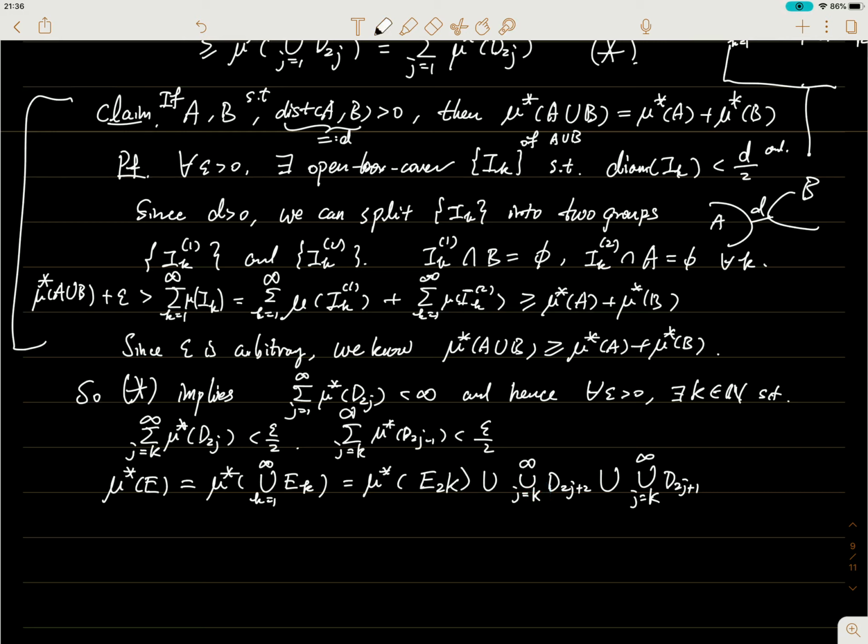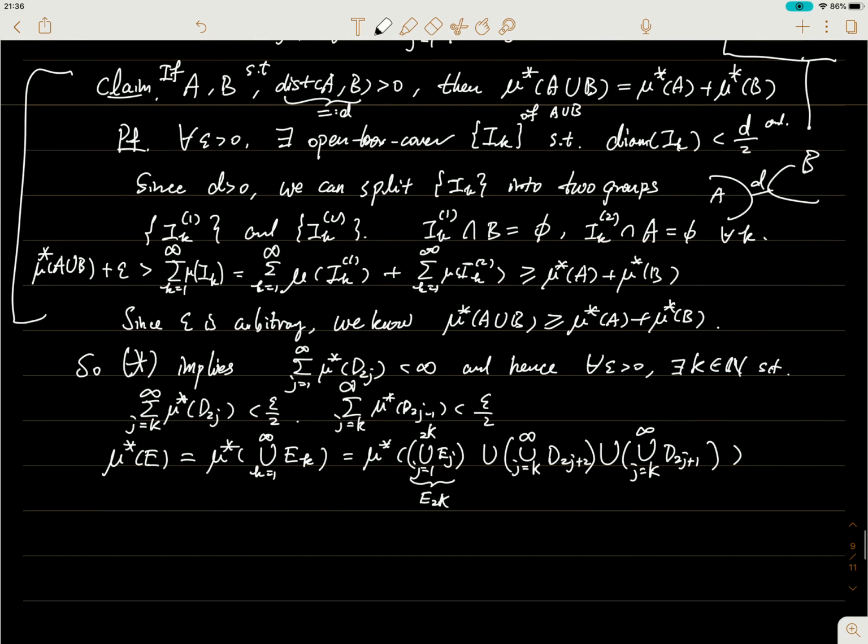I can split them into these three groups. This E2K is the union of j from 1 to 2K of Ej. Remember the Ej's are increasing, so the union of them is actually just E2K, as we showed earlier.